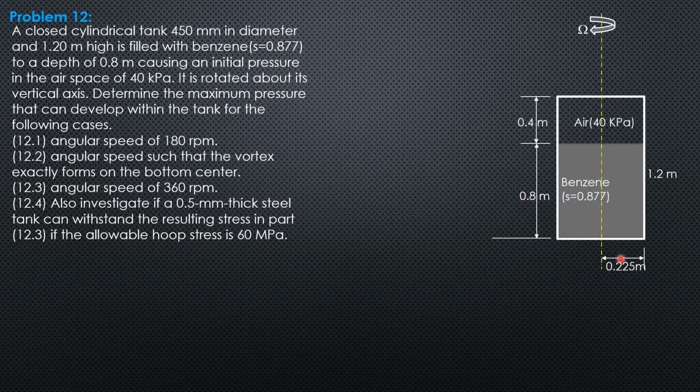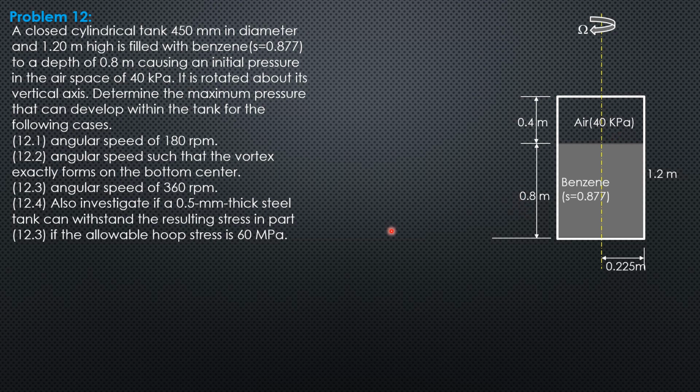So the radius is half of 0.45 meter, 0.225 meter, the height 1.2 meters. It is filled with benzene of specific gravity 0.877 to a depth of 0.8 meter. Therefore, the airspace is 0.4 meter, which is subjected to an air pressure of 40 kilopascals.